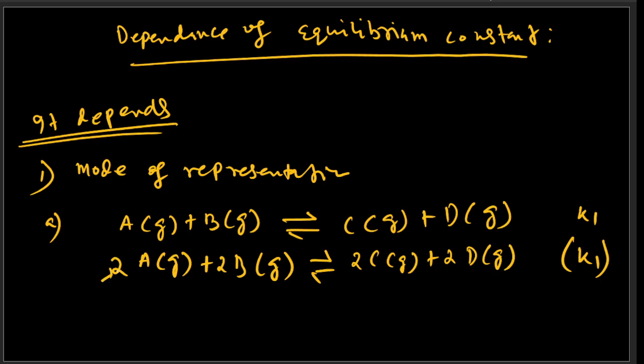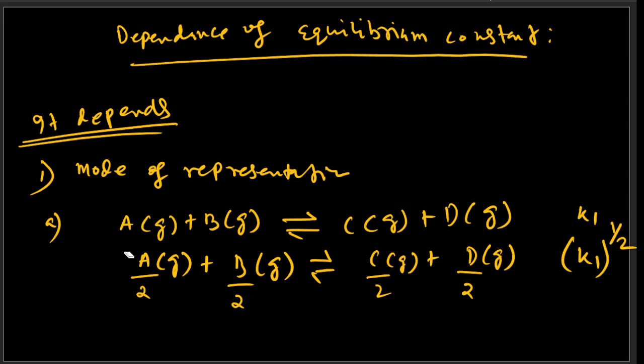Suppose I multiply by 2, this will become K1 squared. Similarly, if I divide by 2 on both sides, then it becomes the square root, the power 1 by 2.